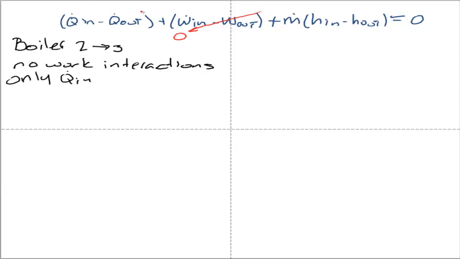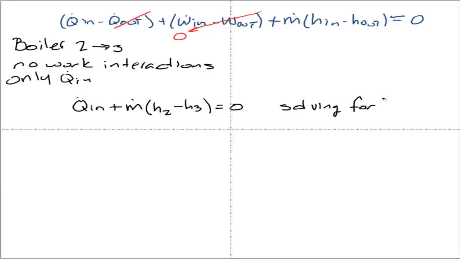We can certainly have it, but that's not what we would like. That would be the case of a poorly insulated boiler, and that heat out would be a loss of money. So at the end we will have again Q in plus the mass flow rate times the enthalpy difference equal to 0, and the same as we did with the pump, we solve for Q in.